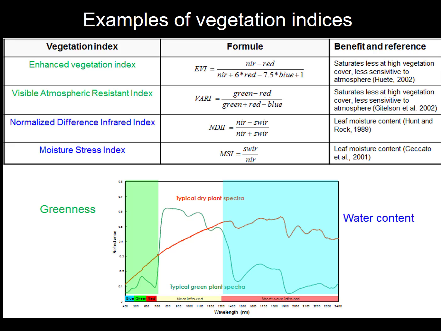Water content vegetation indices use reflectance measurements in the near-infrared and shortwave infrared regions to take advantage of known absorption features of water. These indices provide a measure of the amount of water contained in the foliage canopy.